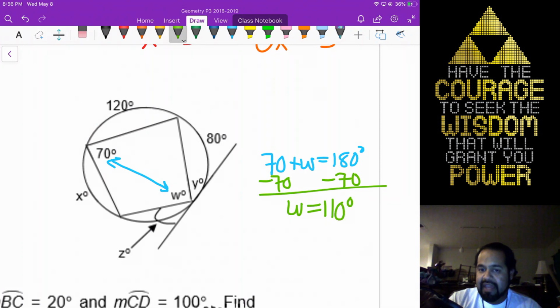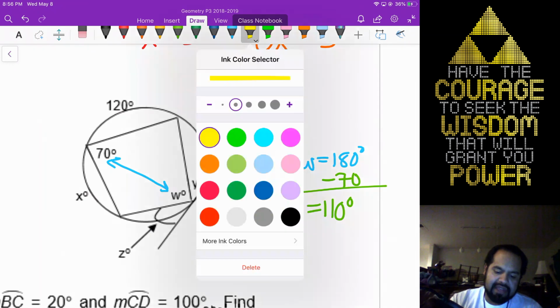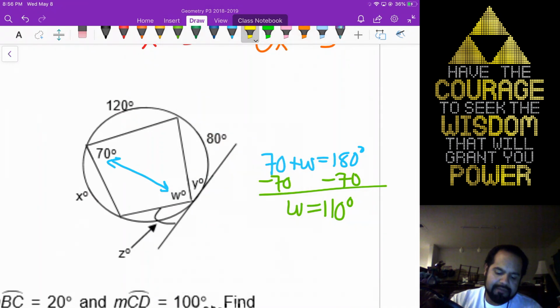Now, to solve for X, we're going to do our ice cream cone. Let me make the highlighter a little smaller, because we're going to try to use less so that it's not as confusing. There's my ice cream cone. Here's the ice cream.